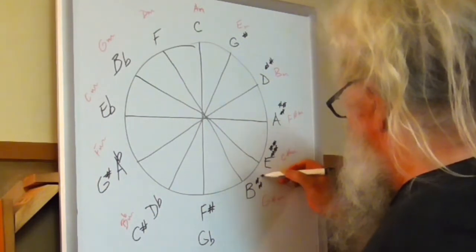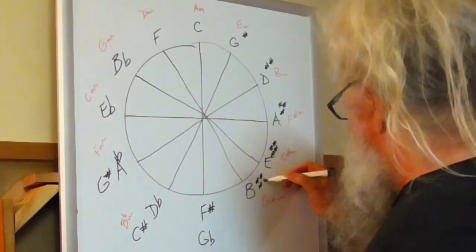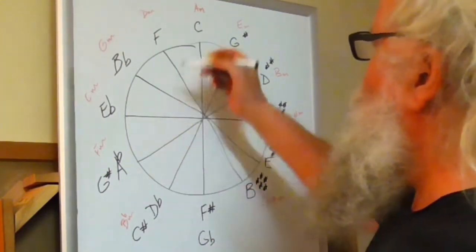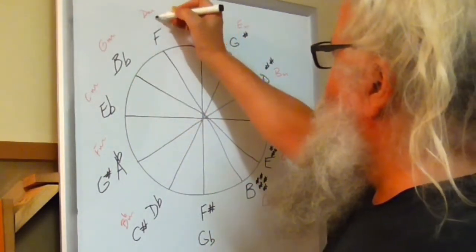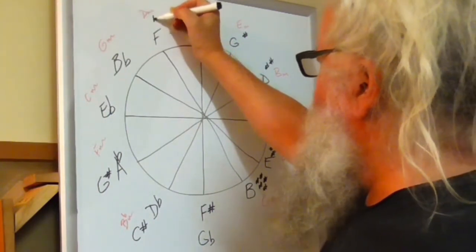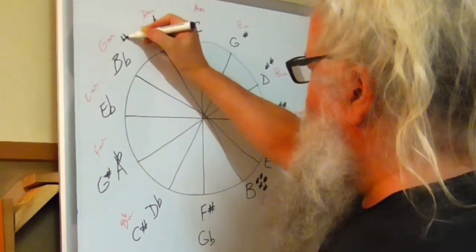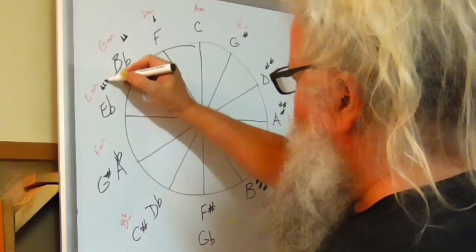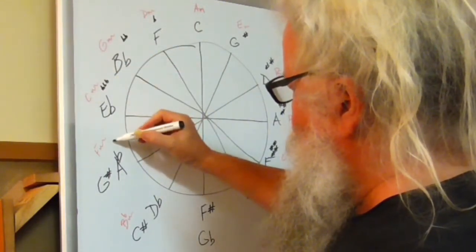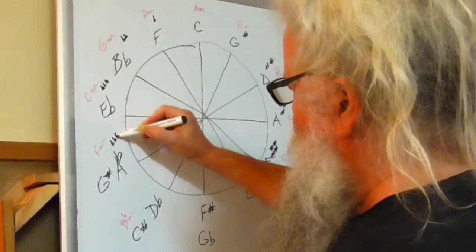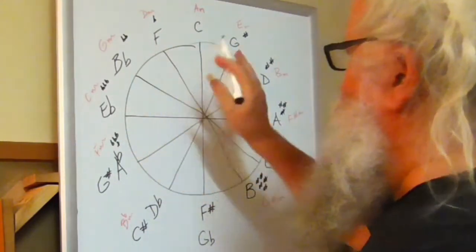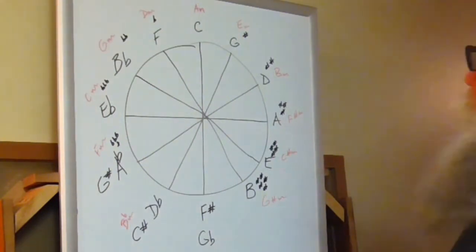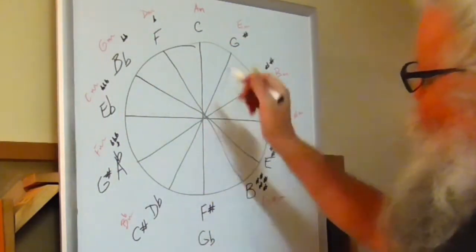Oh, so many sharps. Anyway, so etc. This way it goes a flat each step. So 2 flats, 3 flats, 4 flats. Anyway, there's a consistency there as well.